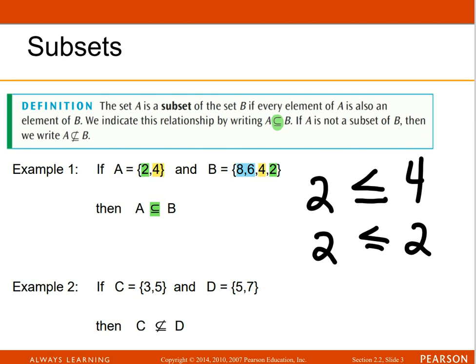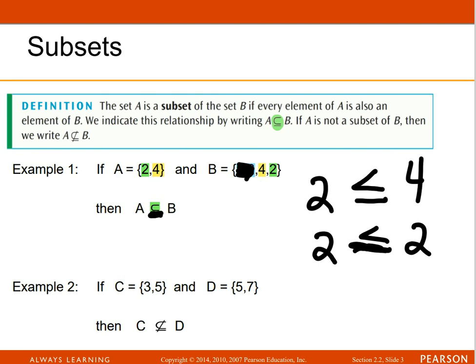So A could be a subset of B if B didn't even have these two extra elements. If A was 2, 4 and B was 4, 2, not only are they equal, but you could say A is a subset of B because of the equal to part right there. It's the same concept. Hope that makes sense.